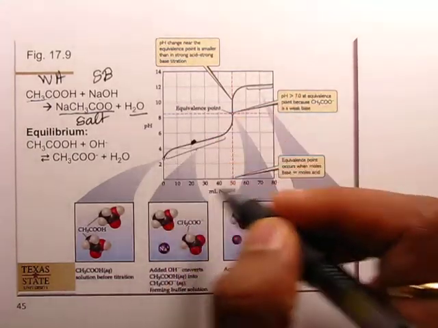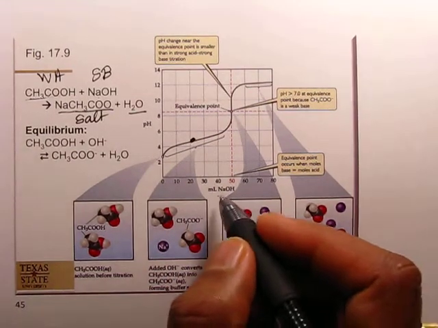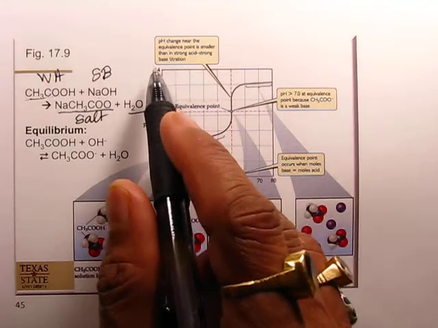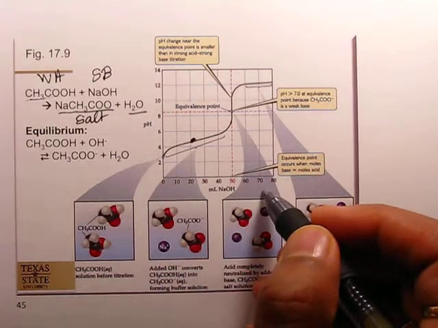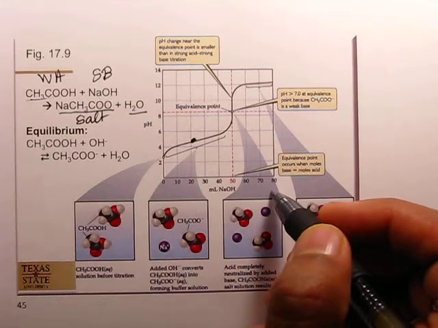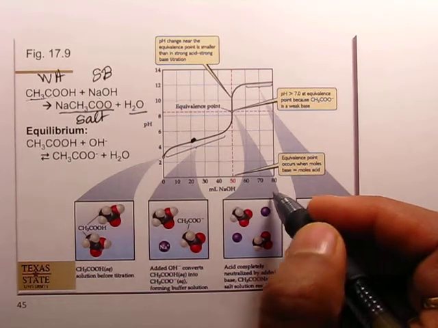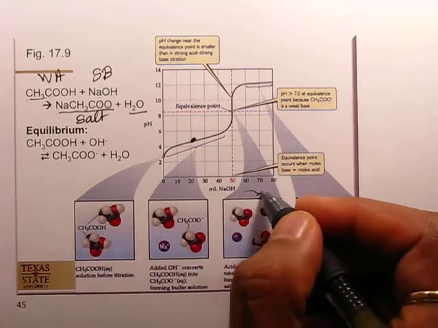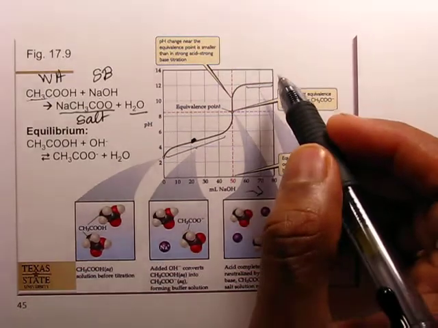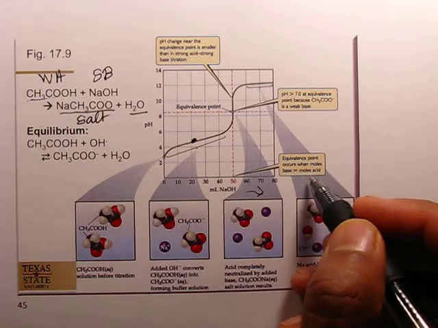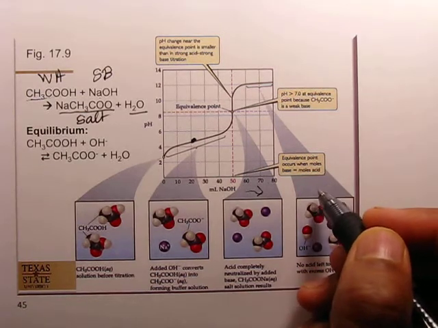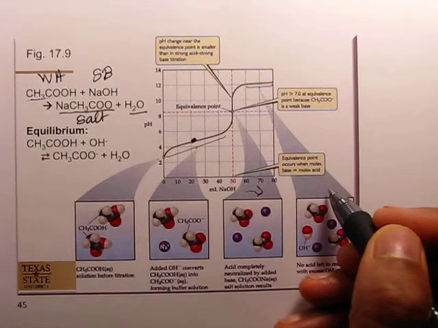If we look at this graph, the y axis is increasing pH, and the x axis, from left to right, is increasing volume in ml of NaOH base. These bubbles say that the equivalence point occurs when moles of base equal moles of acid, right?